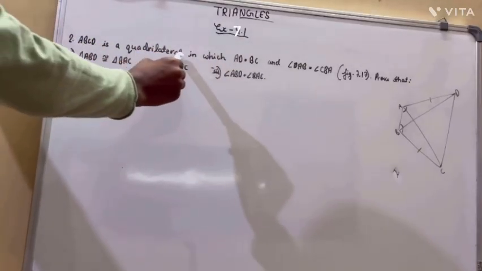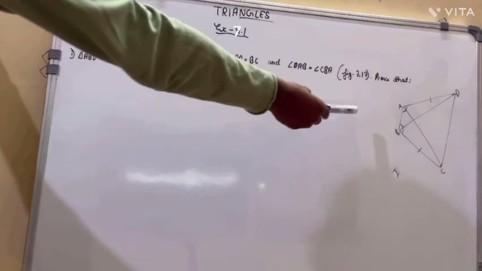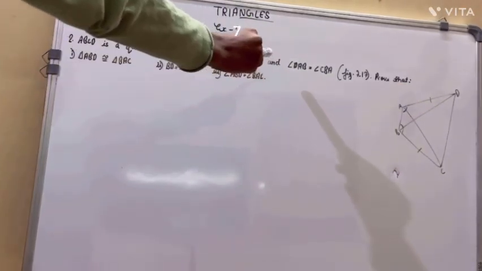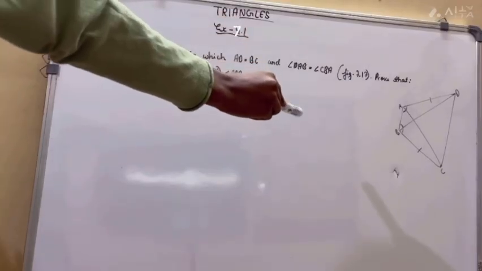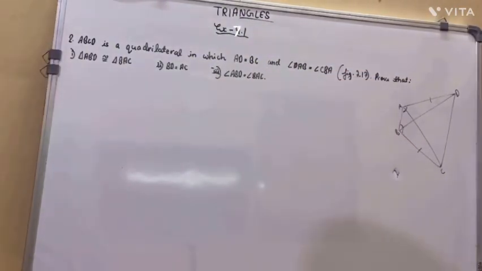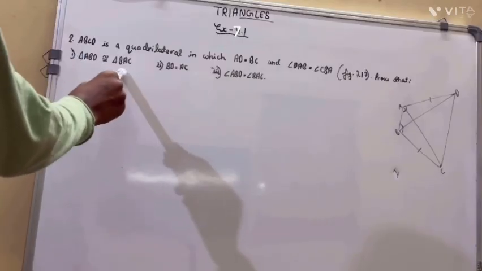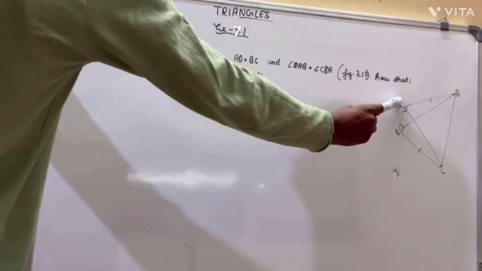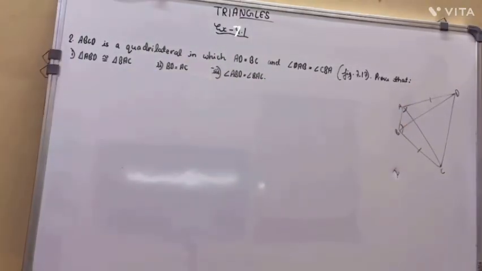ABCD is a quadrilateral in which AD is equal to BC, this AD line is equal to BC, and angle DAB is equal to angle CBA, this angle is equal to this angle. Prove that triangle ABD is congruent to triangle BAC, this triangle is congruent to this triangle. We have to prove this.